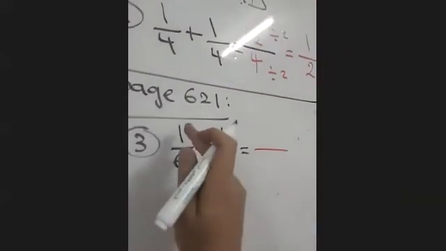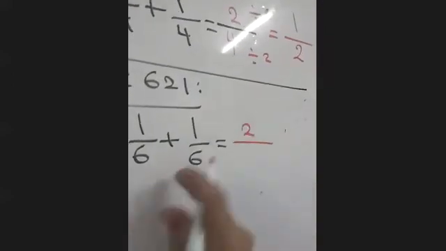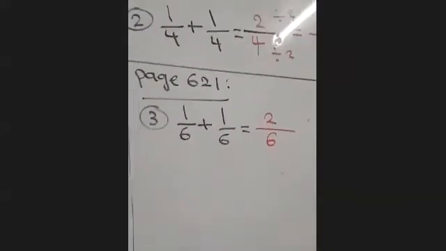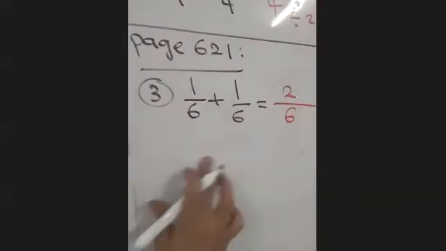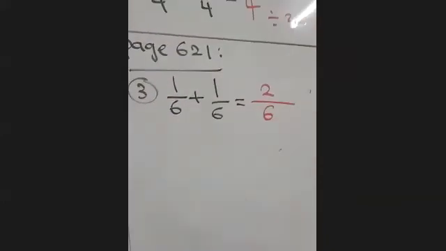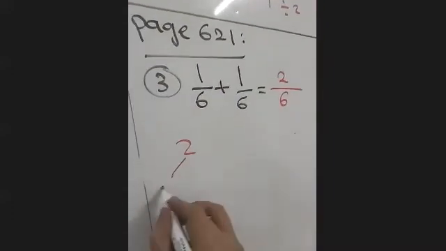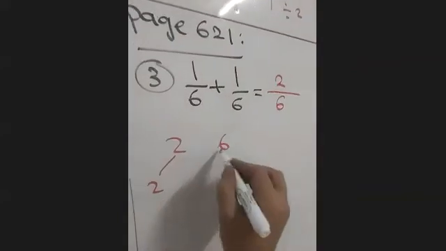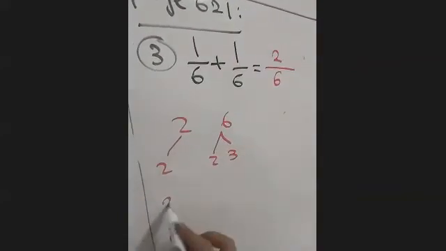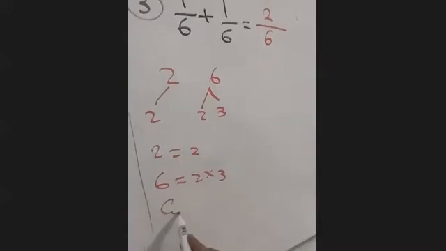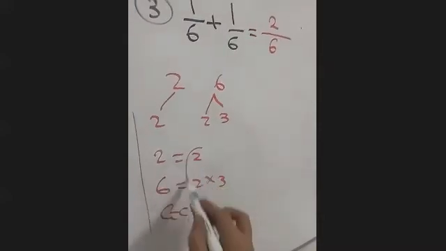Up we add, and down we take one of the 6s. Now let's find the GCF between 3 and 6. The 3 is 3, and the 6 is 2 times 3. What's the GCF? 3.